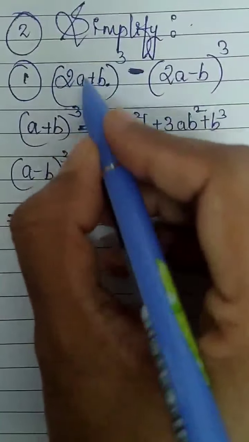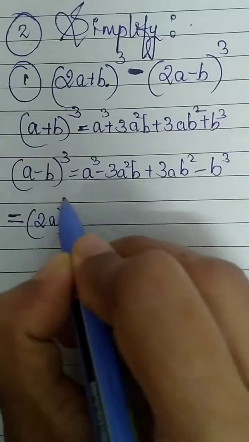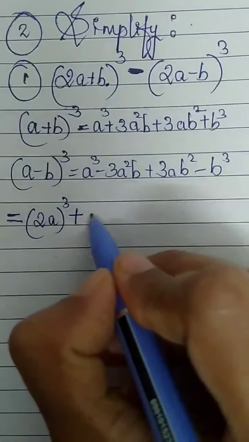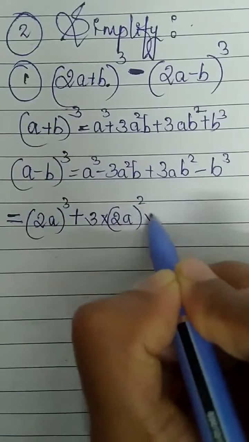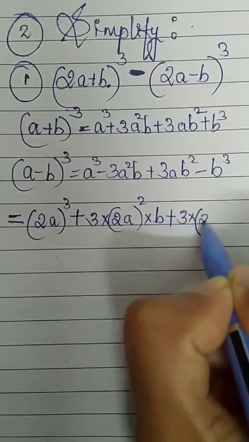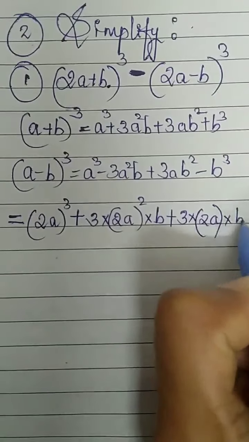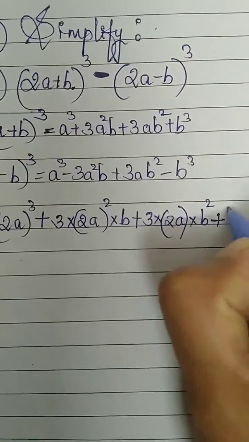First we will apply the (a plus b) the whole cube formula. (2a) the whole cube plus 3 into (2a) square into b plus 3 into 2a into b square plus b cube.